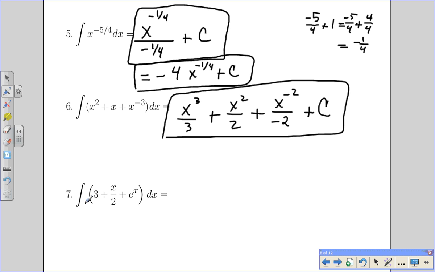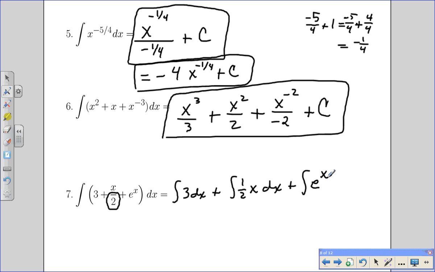For number 7 here, what I'm going to do is I'm going to rewrite it just a little bit. I am going to distribute the integral, but I'm going to write this x divided by 2 as 1/2 times x. So here we have the integral of 3 dx plus the integral of 1/2 x dx plus the integral of e to the x.